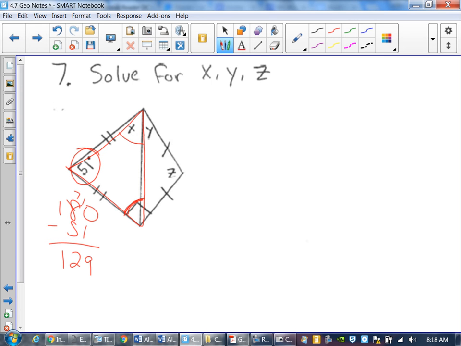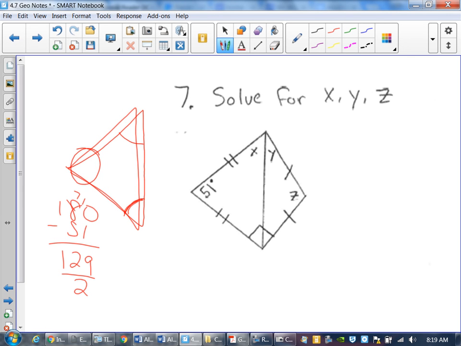Now, if it's 129, that means these two angles that are the base angles have to add up to 129, and they both have to be the same. So what do you do? You cut it in half. Well, what's half of 129? Why wouldn't you add the 90? Because that 90 isn't part of the triangle that I'm looking at. The triangle we're working with right now is this one. It's 51, something and something.